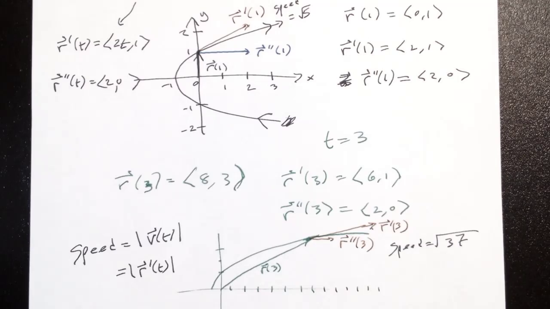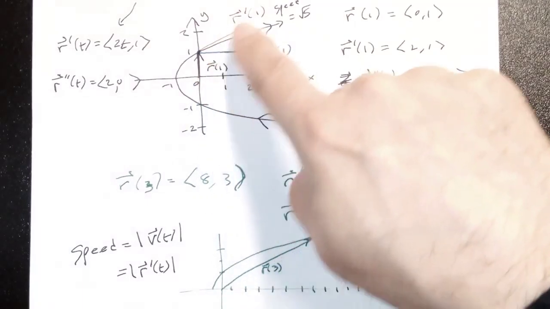Both yesterday and Thursday, I made mention of the fact that the unit tangent was perpendicular to the radial vector. That's not true here. I mean, it's clear that these are not perpendicular to each other.